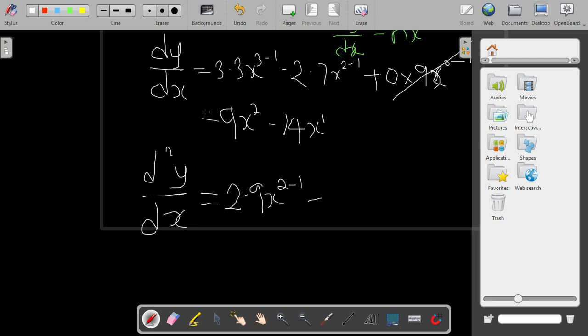minus, now the power 1 comes to meet 7, that's 1 times 7, x to the power 1 minus 1, which is 0. So with this, your d squared y over dx squared is 2 times 9, which is 18, x to the power 1, minus 1 times 7, gives you 7.